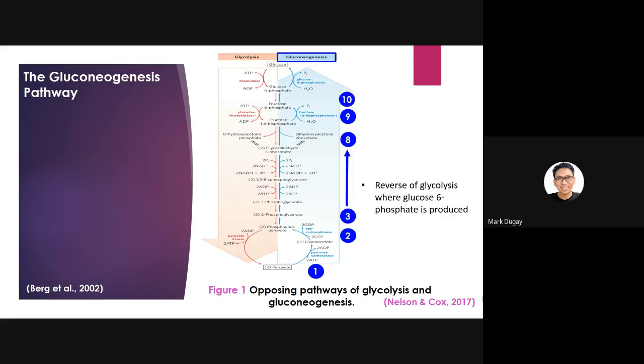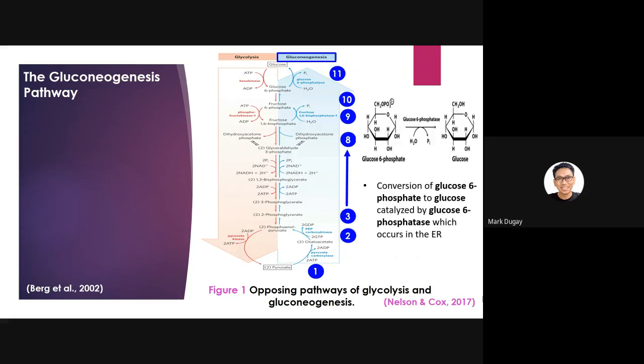Step 10, reverse of glycolysis, where glucose 6-phosphate is produced.